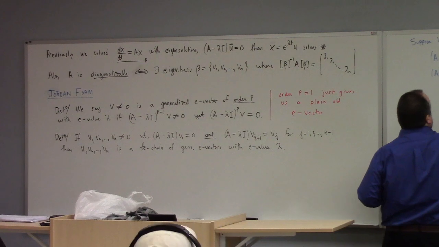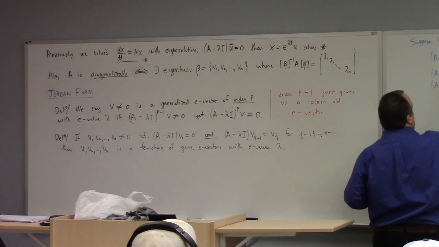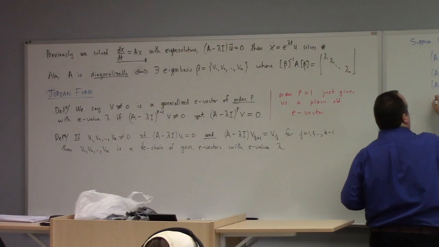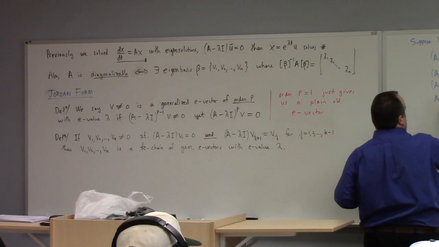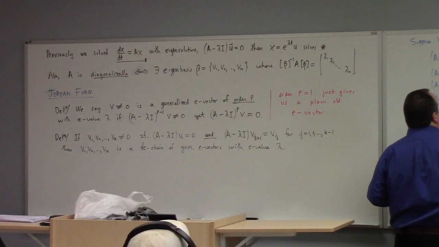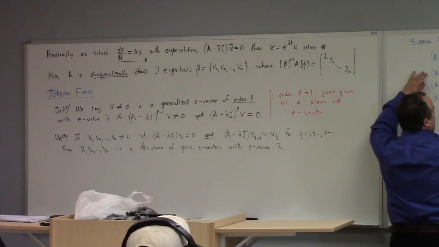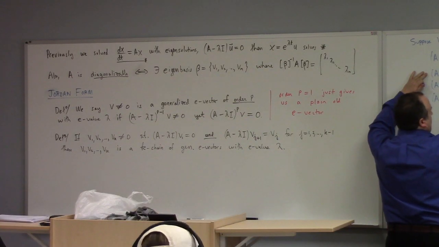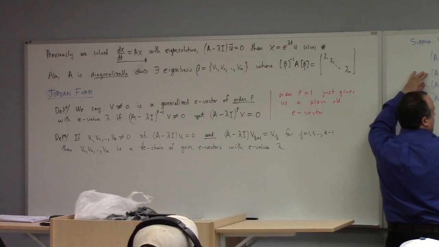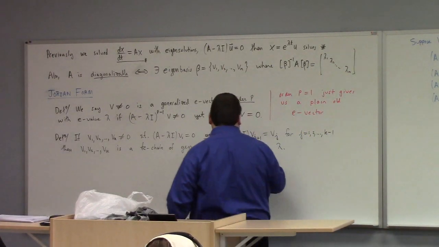What do we get? I'll just do a few. So v2 maps to v1 like this, right? v3 goes to v2, v4 goes to v3, all right? That's what the chain condition right here says.